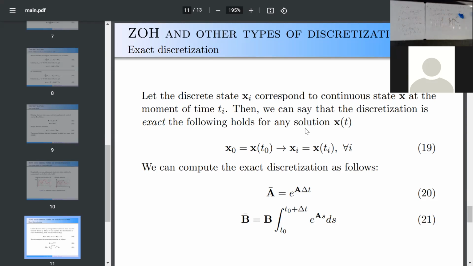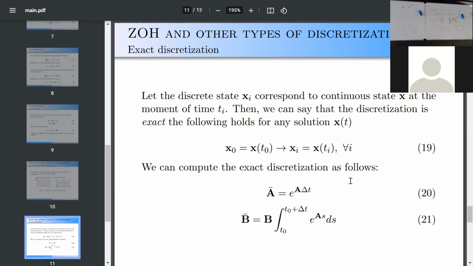And exact discretization is covered completely by the sun, but let me try to write it down. I'm not sure if it will be easy for me to do, but let me try. So exact discretization is given by a formula. The formula is A bar equals e to the power of A times delta T. I don't remember the formula, so I will have to look it up.